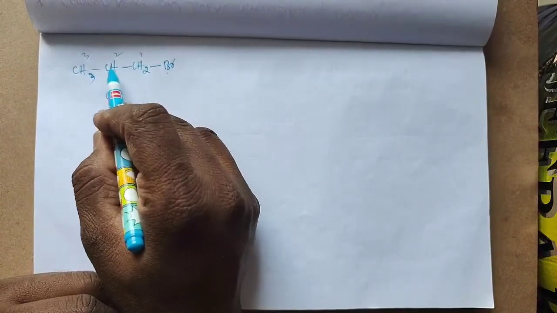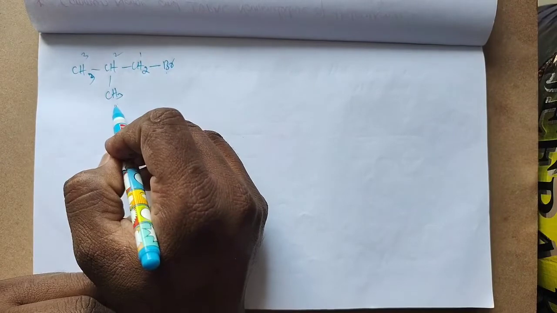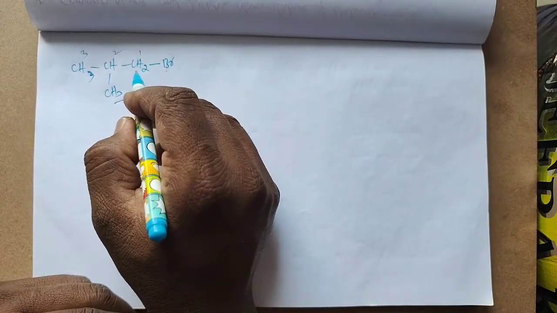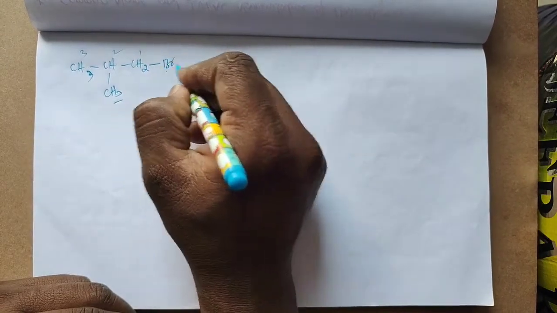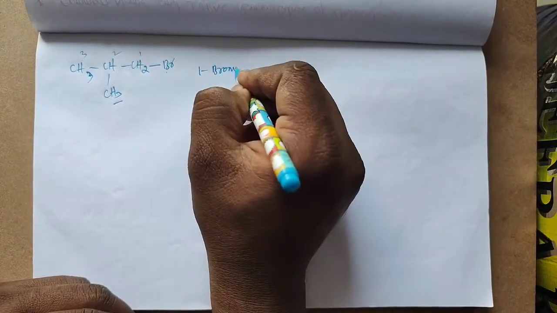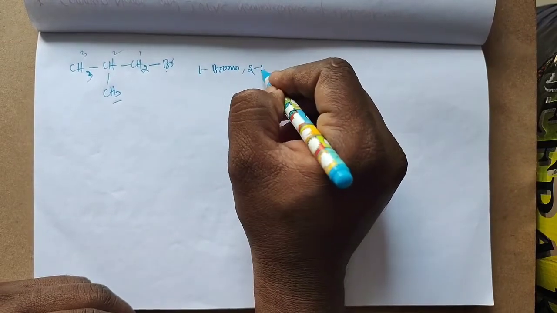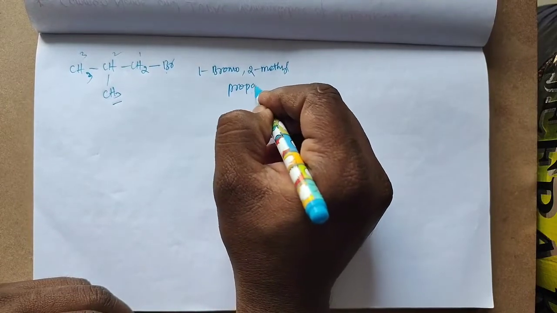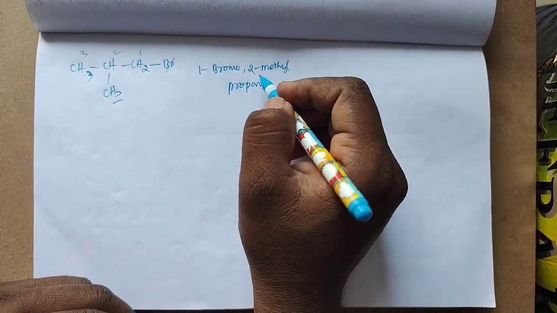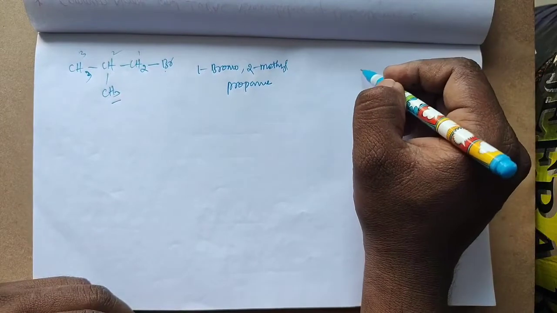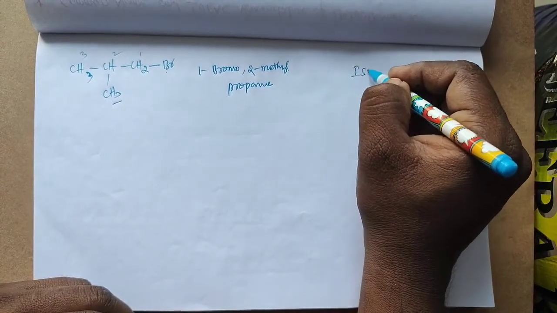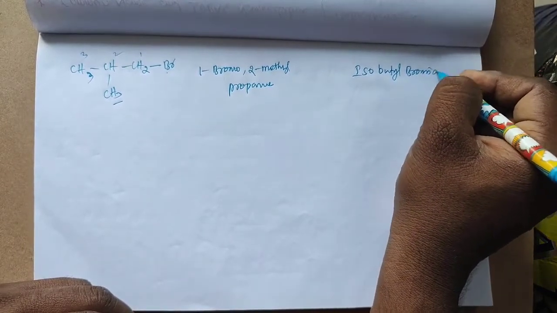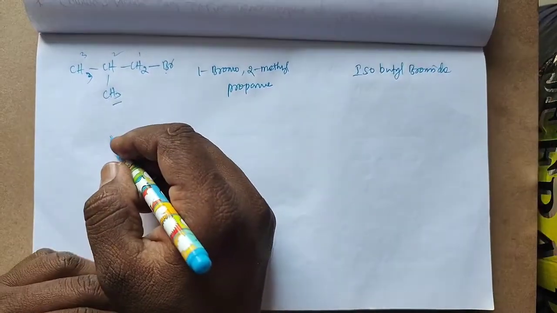There are 3 carbons, and the second has a methyl branch. From the IUPAC point of view, the first position has the bromine, so 1-bromo-2-methylpropane. And the common name is isobutyl bromide.